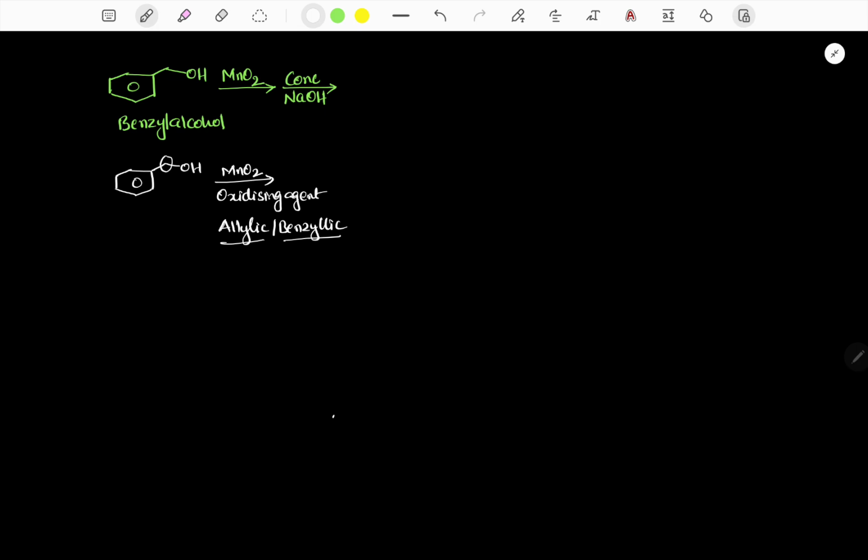Since it is a benzylic carbon with OH connected, it is a benzylic alcohol and it undergoes oxidation. The benzylic alcohol undergoes oxidation and finally gives the corresponding product, benzaldehyde.